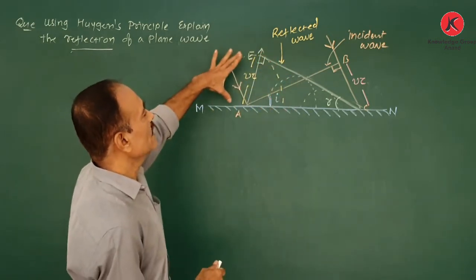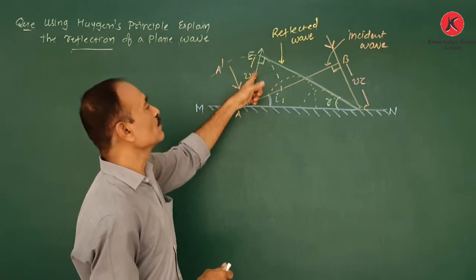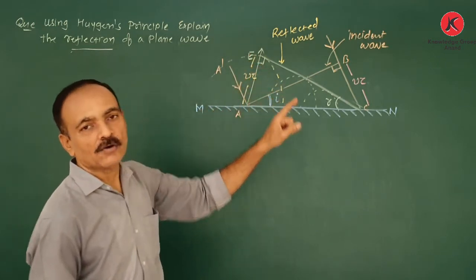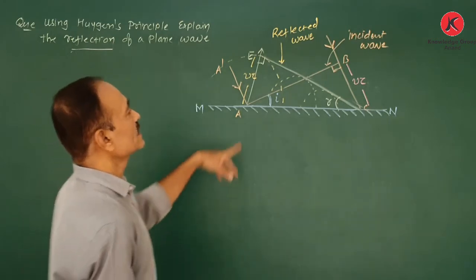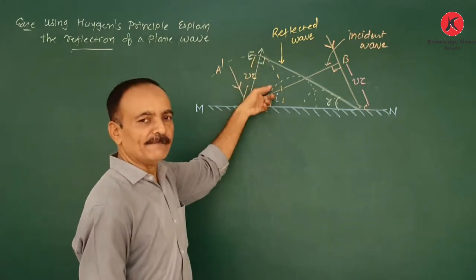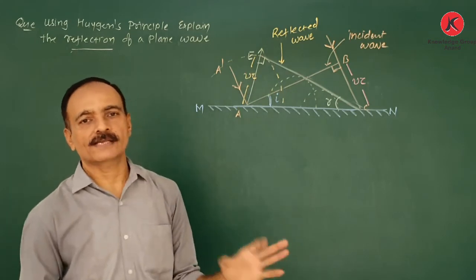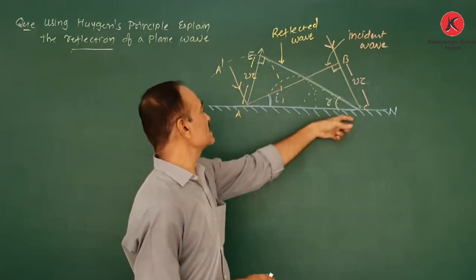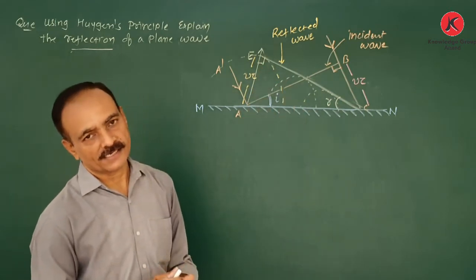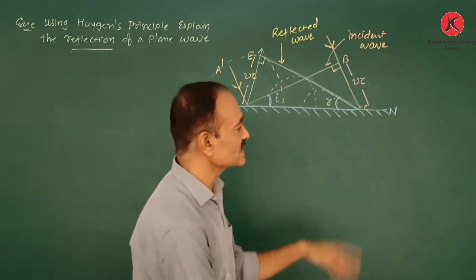Therefore, the distance AE is also v into tau, because that is the distance traveled by the reflected wave in the same medium for time tau. Therefore, BC and AE both are equal. So first we have done this description.